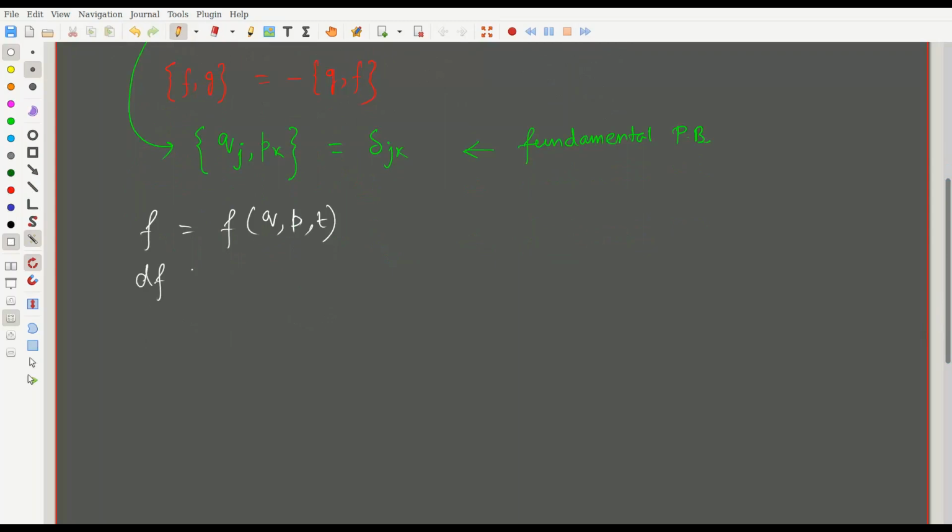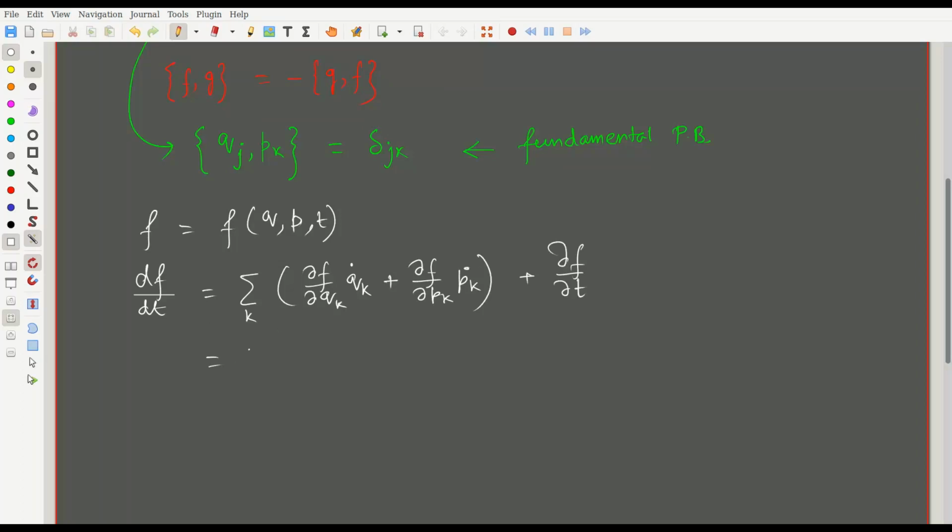So that gives you dF/dt is basically the summation over K of ∂F/∂Q_K Q_K dot plus ∂F/∂P_K P_K dot plus ∂F/∂t.